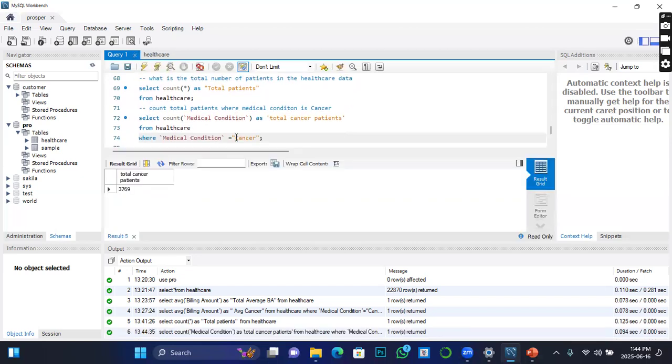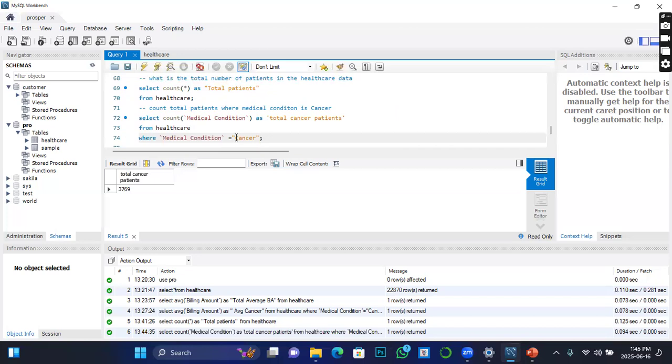So I have it. We have 3,769 cancer patients. Now, don't forget that if you are to do real analysis, you have to do comparative analysis. After outputting this, you output for the different medical conditions.